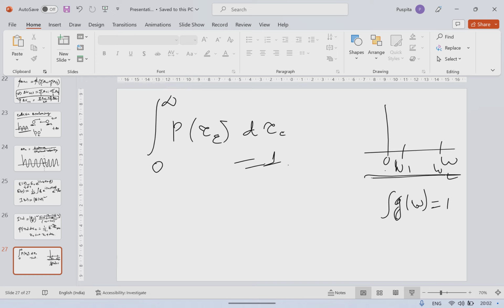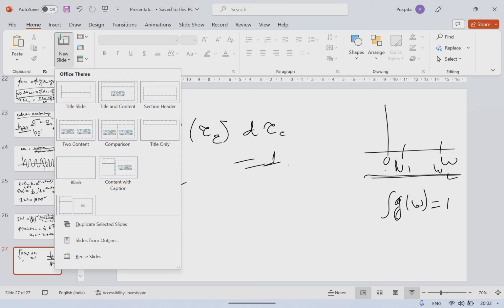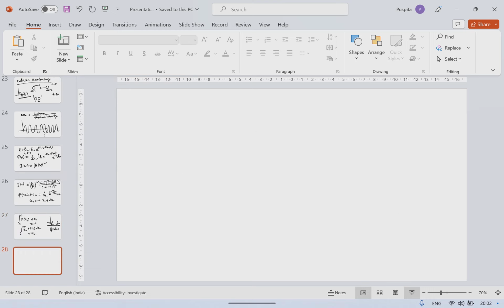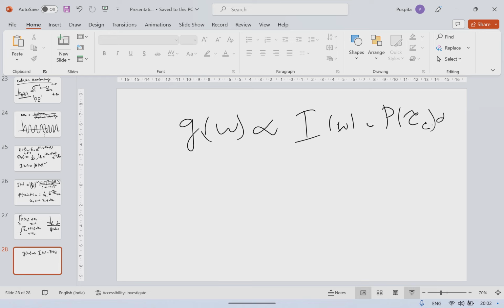Okay, and the integral of τc P(τc) dτc from 0 to infinity can be written as τ0. Correct. So the g(ω) line shape is not only proportional to I(ω) now. We need to take into account the probability of collision term dτc and their integration.